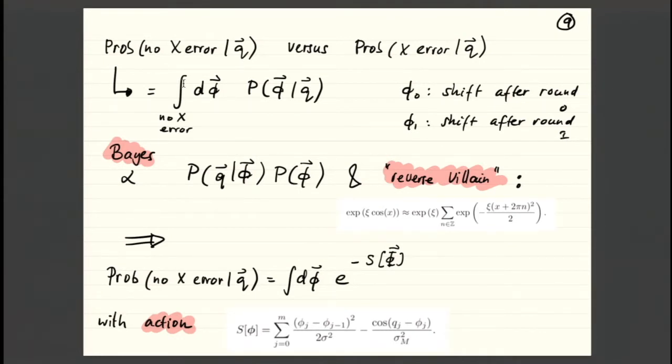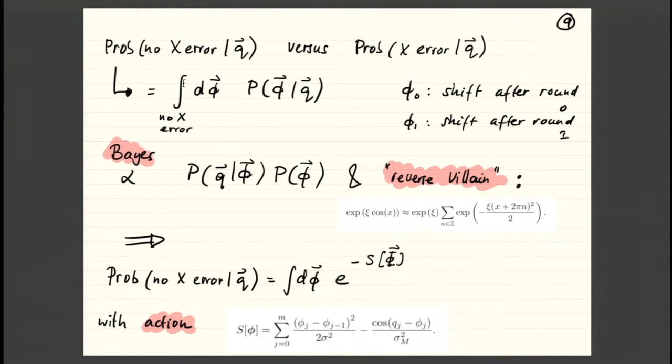And then I integrate over all the shifts because I'm only interested in knowing where the last shift lies. With some Bayesian reasoning we can rewrite this, and then we do a reverse Villain approximation. Villain approximation is something where you rewrite something like this with a cosine.